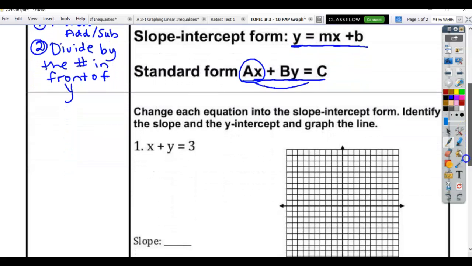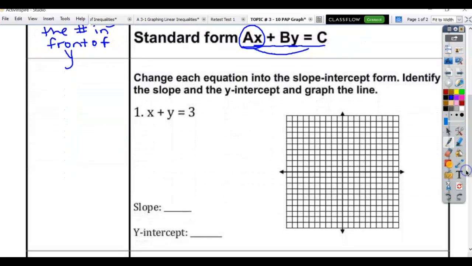All right, so let's come over here and take a look. First we've got to change this to slope-intercept form. You notice the x and the y are on the same side, so it's in standard form. So the very first step is to move x. The way you're moving x is do the opposite of x, because the x's are canceling out.